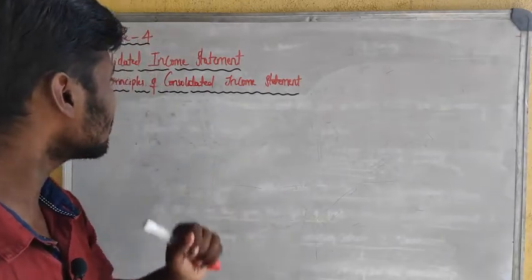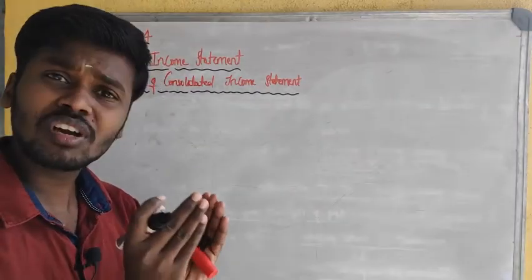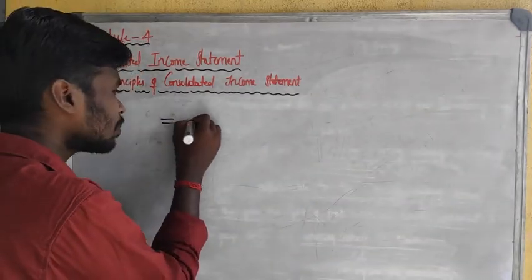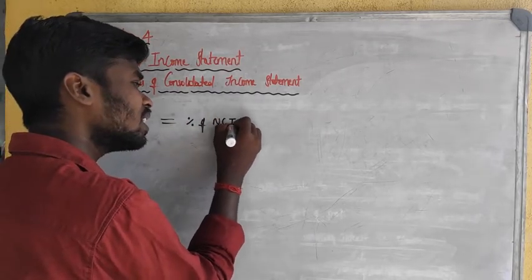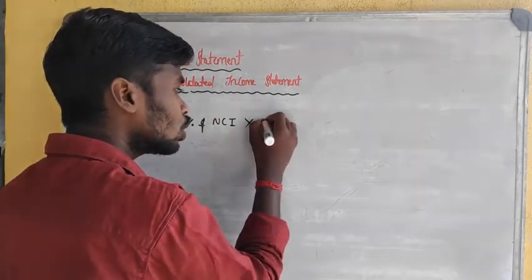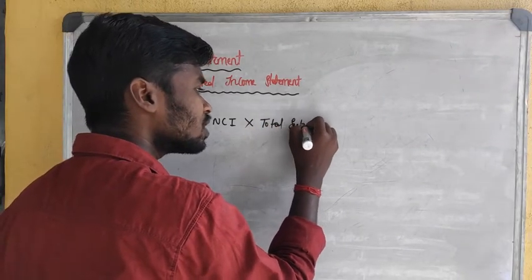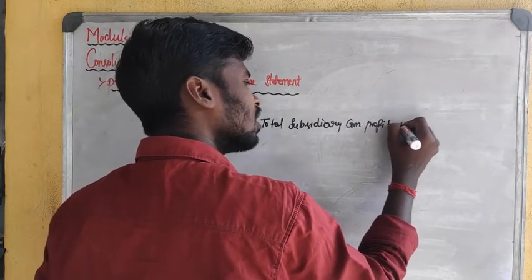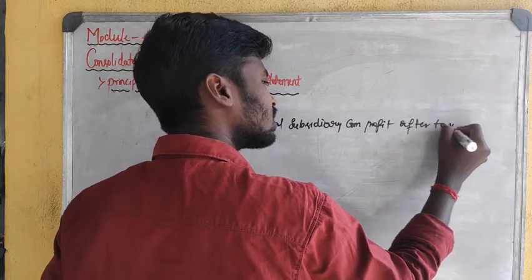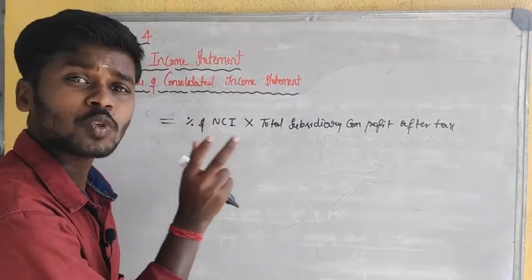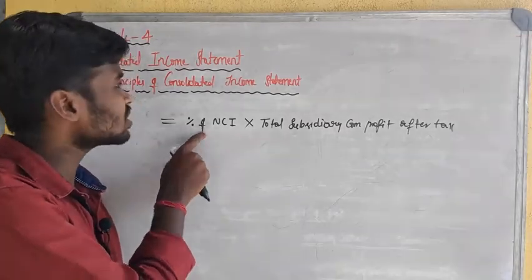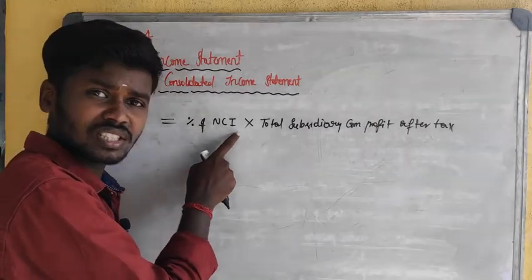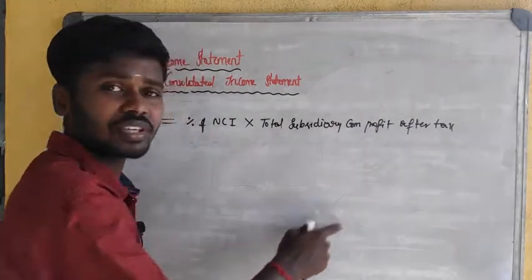Okay, so in this consolidated income statement, the portion of profit related to non-controlling interest is calculated as follows: the percentage of non-controlling interest is multiplied with the total subsidiary company profit after tax.